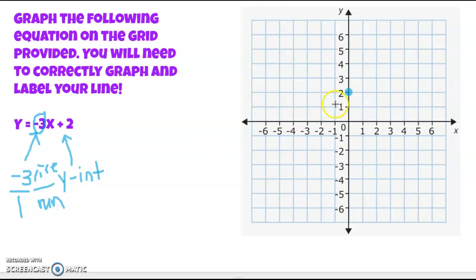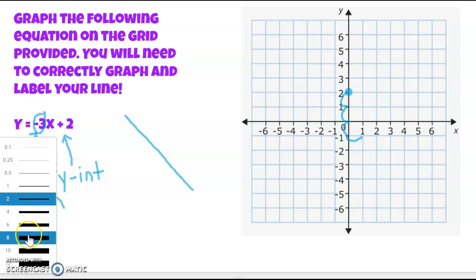So if it's -3, remember that means I go down 3 because it's negative. And when it's a negative slope, it should go downhill. So if your end result does not go downhill, then you know you did something wrong. So I'm going to go down 3: 1, 2, 3. My run is 1, so I go over 1. That is going to be my next point.